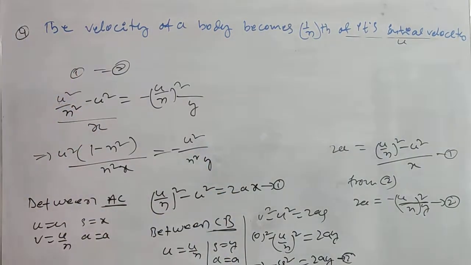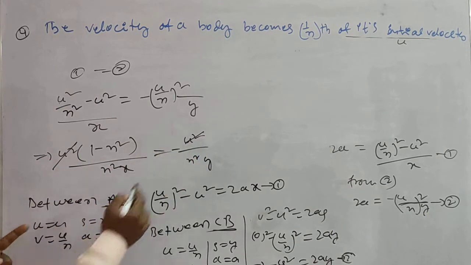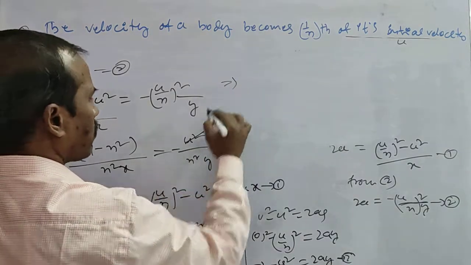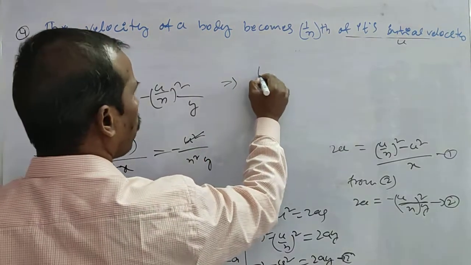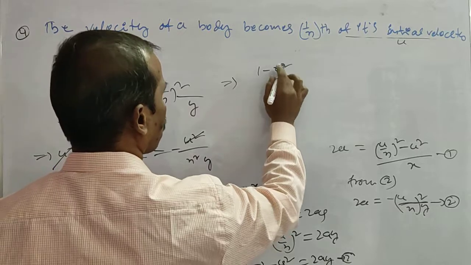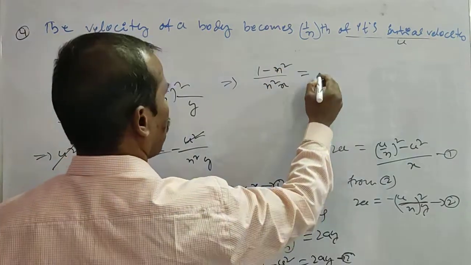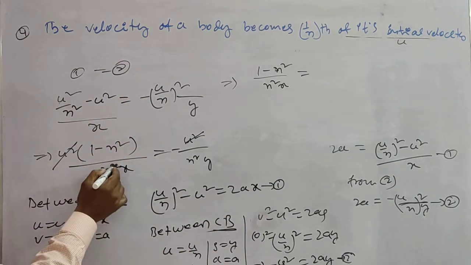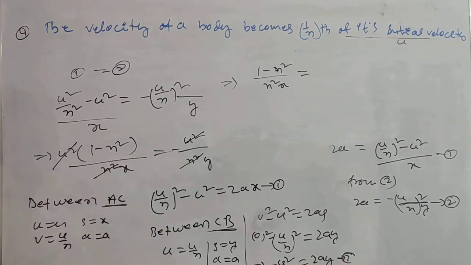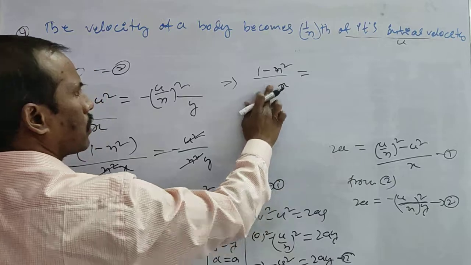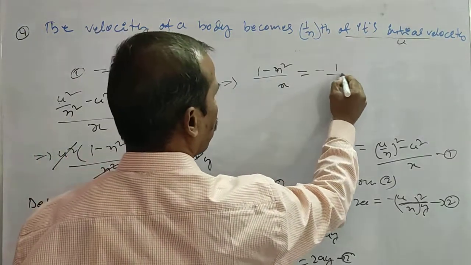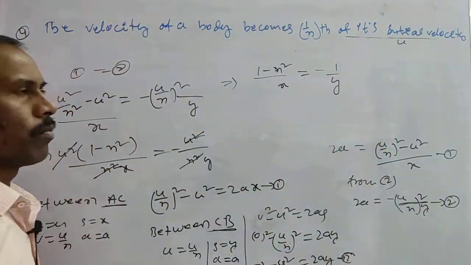Now the common terms cancel: u squared cancels, and n squared cancels, leaving 1 minus 1 by x is equal to minus 1 by y.